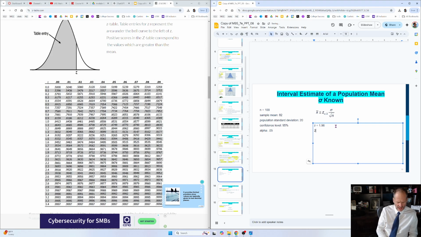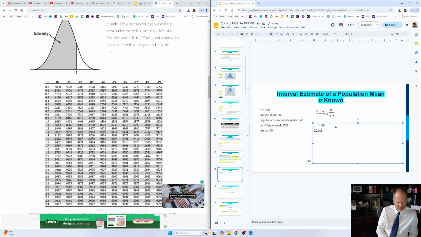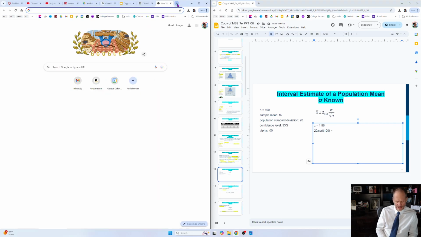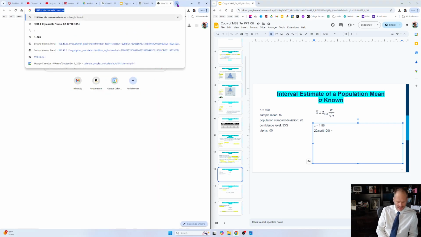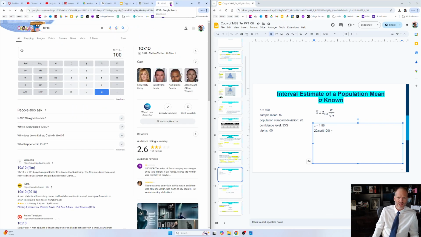So 20 divided by the square root of our sample size, which is 100, right? That is going to be equal to, so square root of 100 is 10, because 10 times 10 is 100. And square root is basically undoing the square.